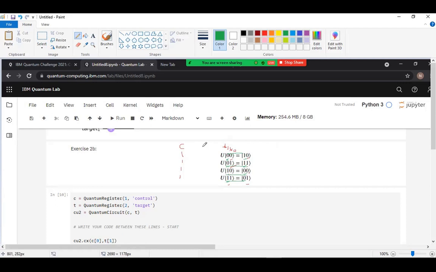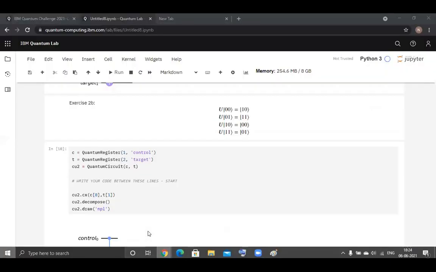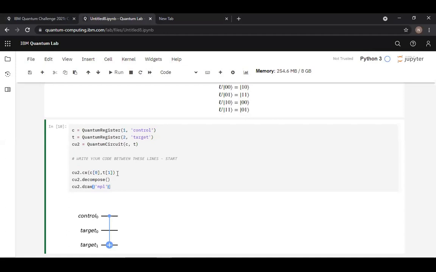So essentially you can say that only your T1 and C are involved in the quantum circuit, and since there isn't any state transformation in T0, you can just keep that aside and need not include it. So in the exercise directly, we just place CX between C0 and T1, where your control qubit is C and your target qubit is T1.